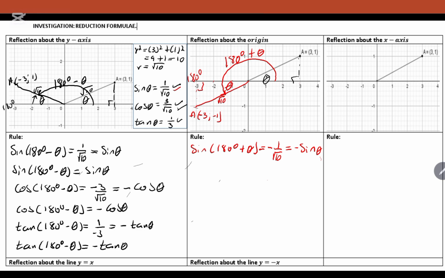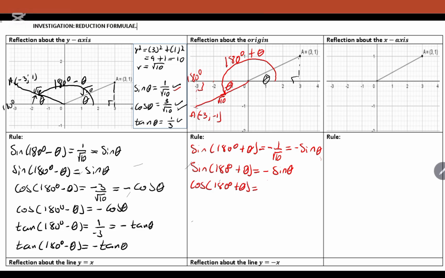So our general rule can be written as sine of 180 degrees plus theta is equal to negative sine theta. So that will be the reduction rule. Now let us look at cos of 180 degrees plus theta.